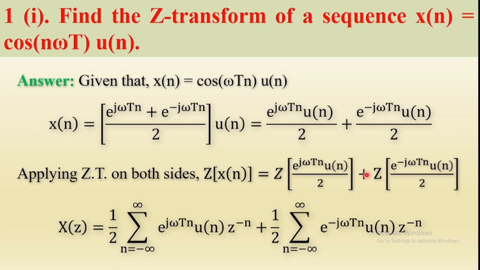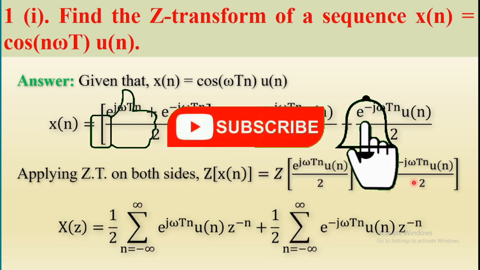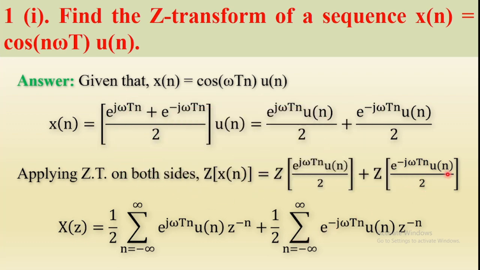So applying the definition of the Z transform on the RHS side, both the terms have 1 by 2 common, so 1 by 2 into sigma n equals minus infinity to infinity e power j omega Tn u of n into z power minus n, plus 1 by 2, written before the summation, sigma n equals minus infinity to infinity e power minus j omega Tn u of n z power minus n, where u of n is the unit step sequence.